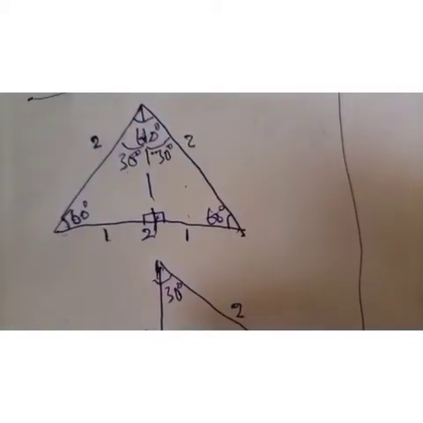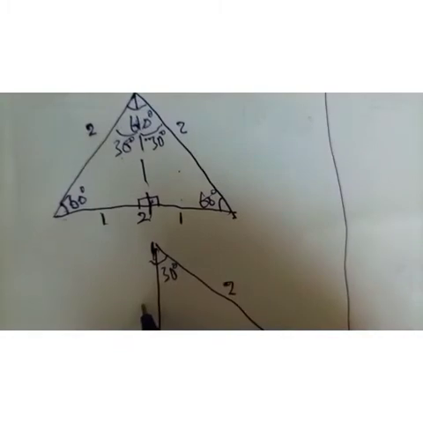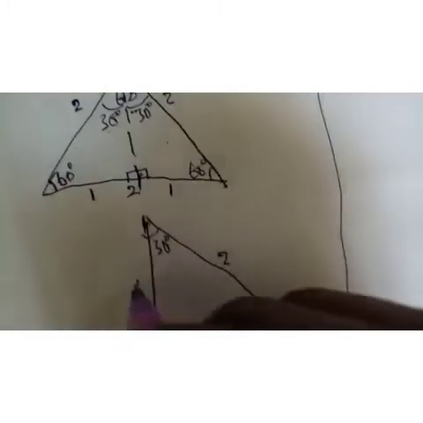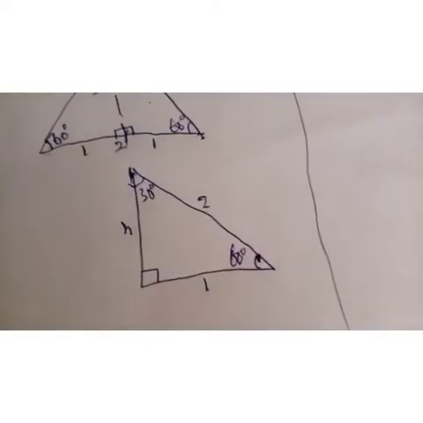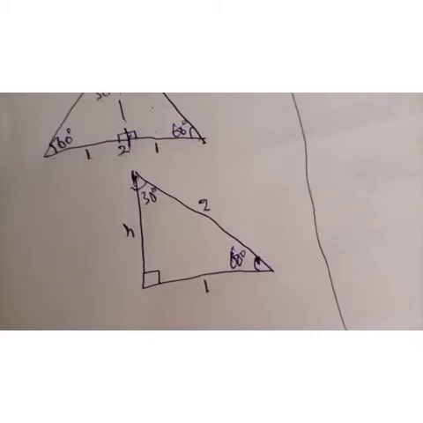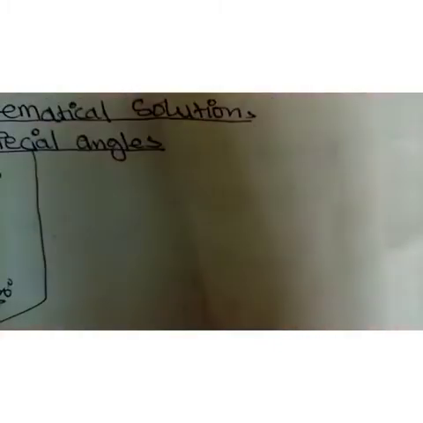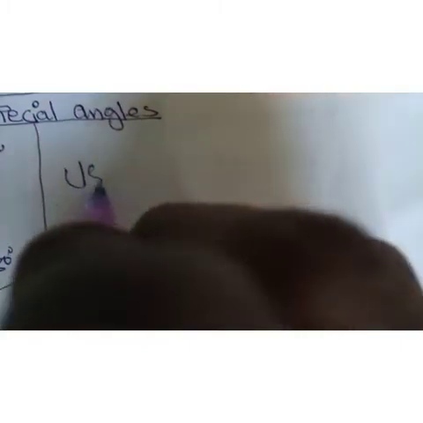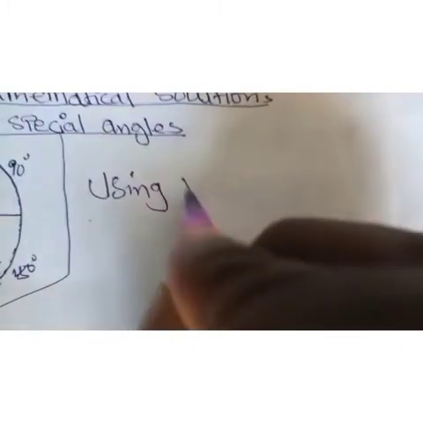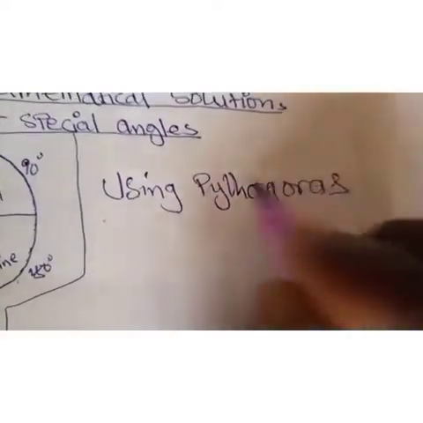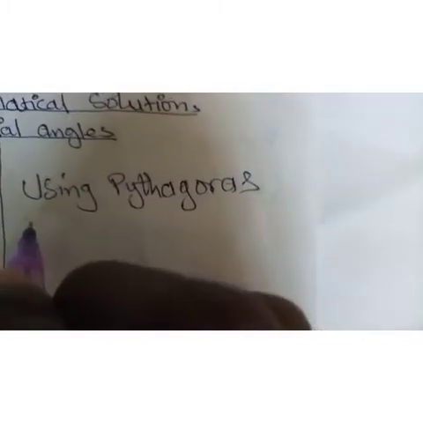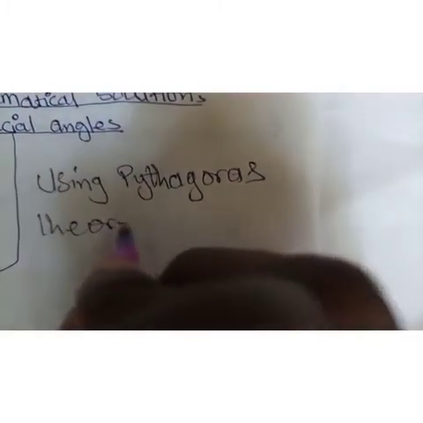So for us to look for the side of this, let's call this our h, which is our height. For us to find this side, we apply what is known as Pythagoras, using Pythagoras theorem.